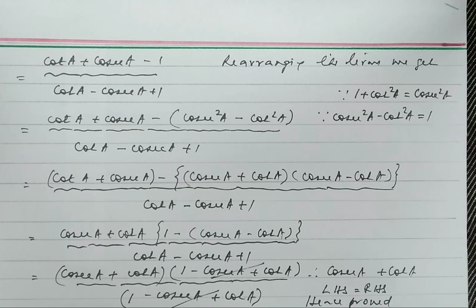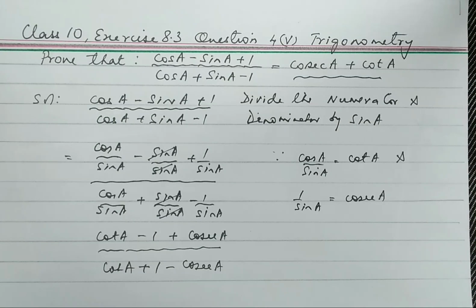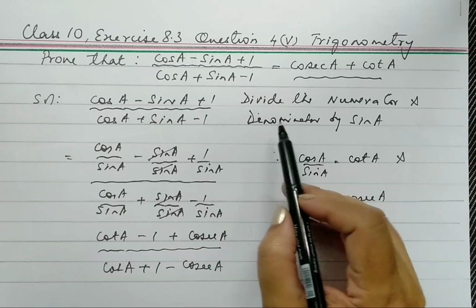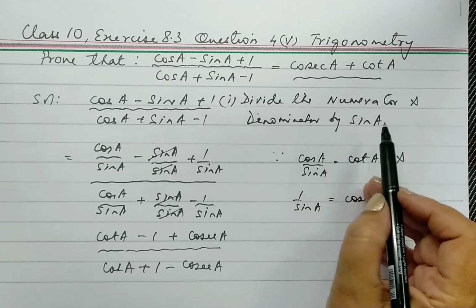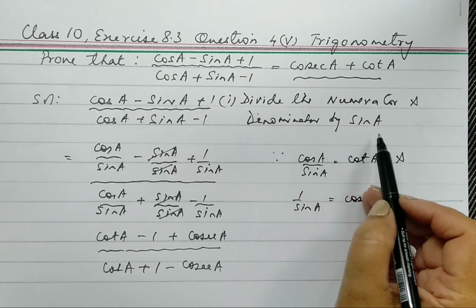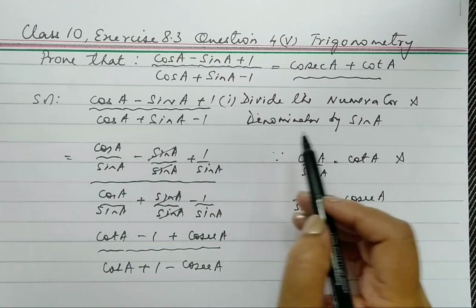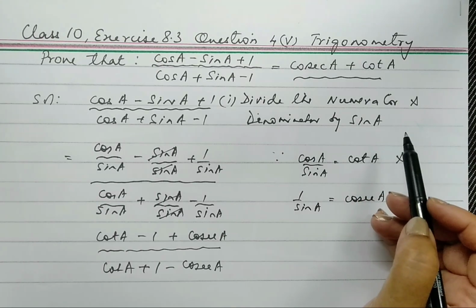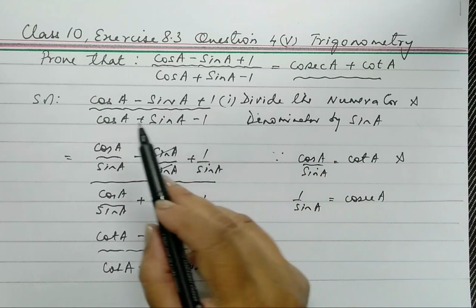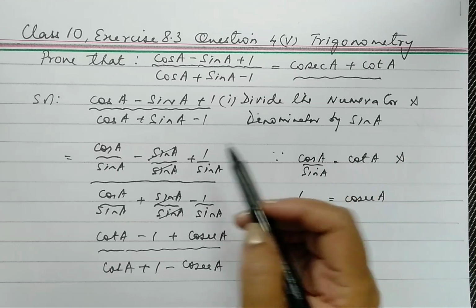So there were certain things that you have to keep in memory. The first thing, let me take you back to the last slide. First thing, you have to remember that we need to divide the numerator as well as the denominator by sin A. Now who would know that we are supposed to be dividing this? So you need to keep it in your memory, that we need to divide both numerator as well as denominator to crack the sum.